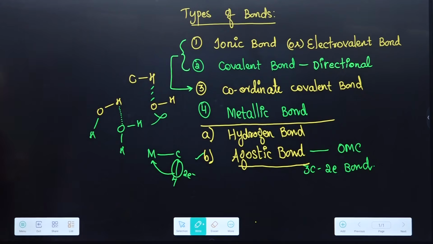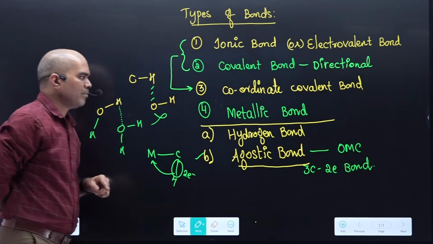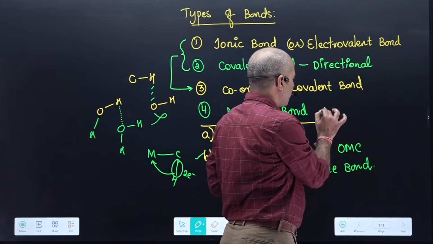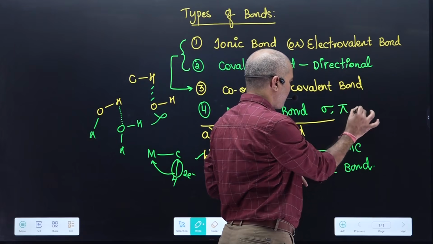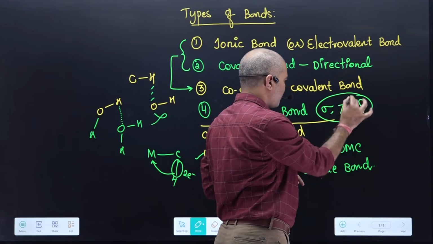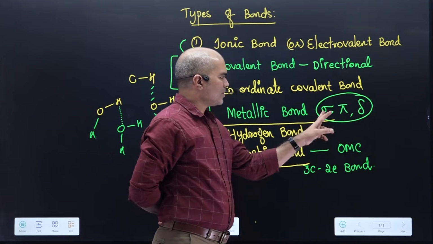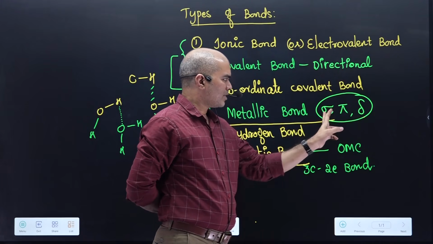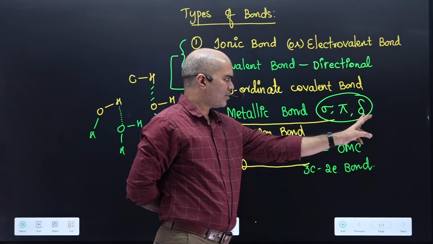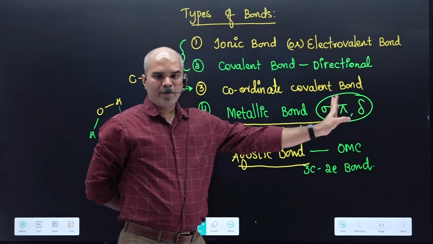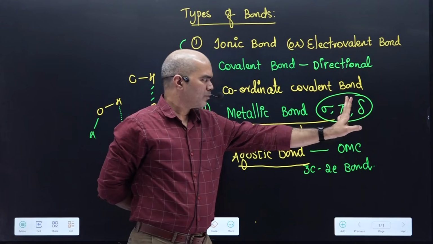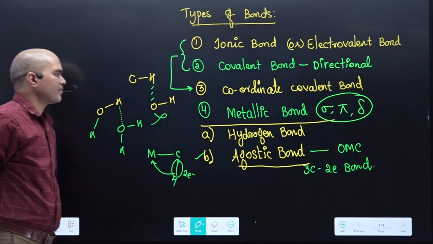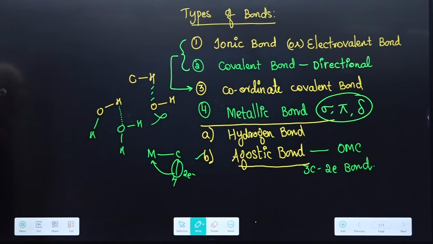D orbitals, not sp, participate to form sigma, pi and delta bonds. I am not giving the phi bond, okay? I am not confusing you. So sigma, pi and delta bonds. These are the 4 important bonds.